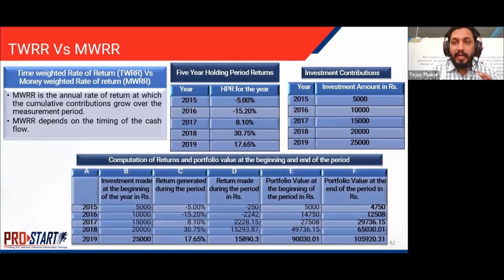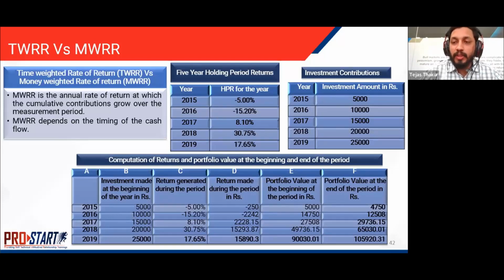Now, if you were to calculate the final ending value of this investment for the investor, I'll just take you through the first two rows. 5,000 rupees at a -5% return in the first year means that 250 rupees was a loss in that particular year, or the initial value was 5,000 and the ending value was 4,750, which is what the first row says in the table below.